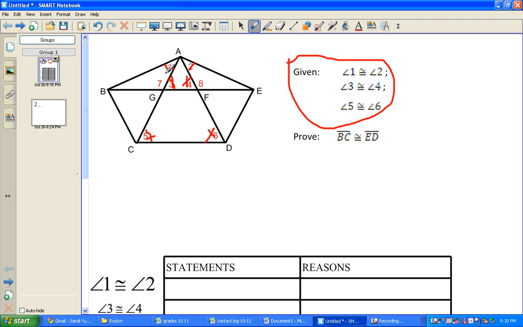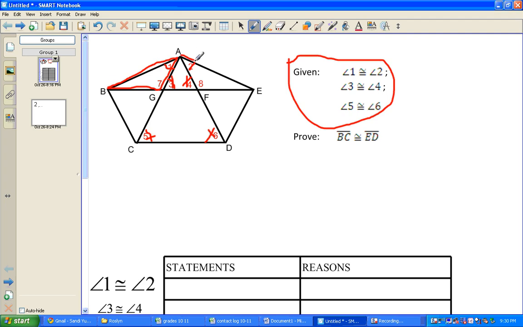Knowing what we know about these angles, what are the first two triangles which we can prove to be congruent? Okay, let's see. It will be triangle BAG right here.